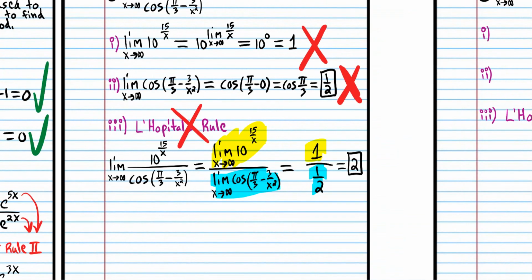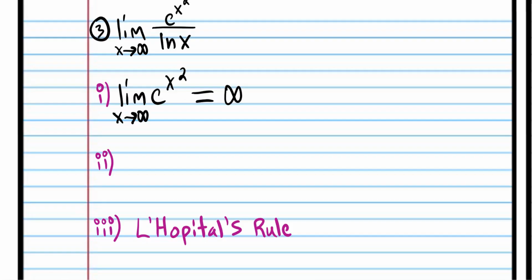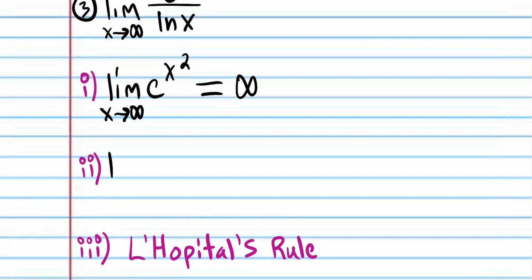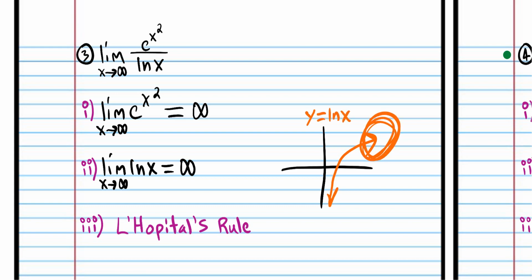And we don't have to rectangle these answers. The limit of the denominator as x approaches infinity is going to be infinity. Now, how do we know that? If you graph the natural log function, you can see that this graph is just going to keep going up and up and up. It's never going to stop.